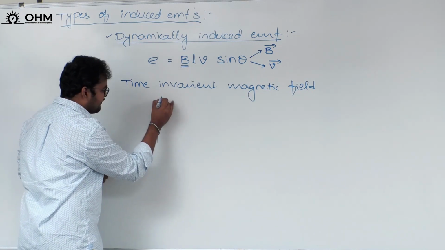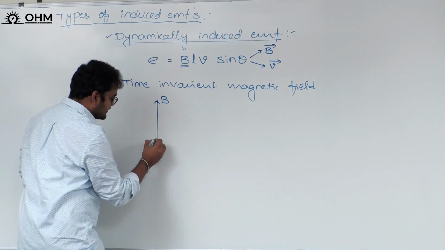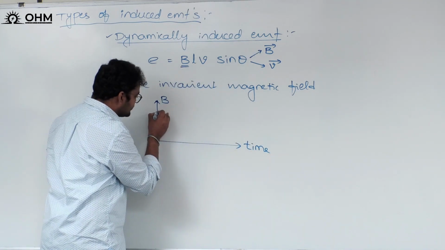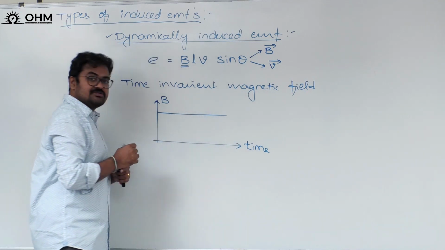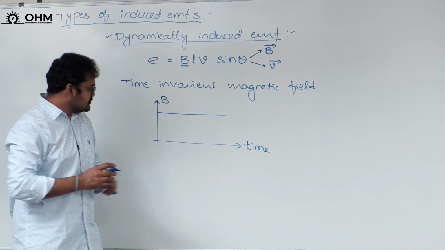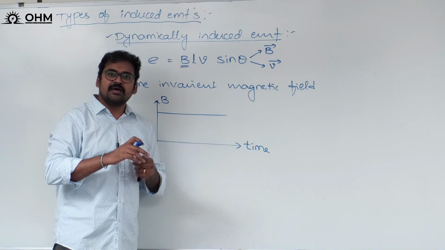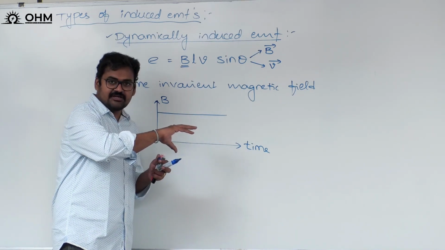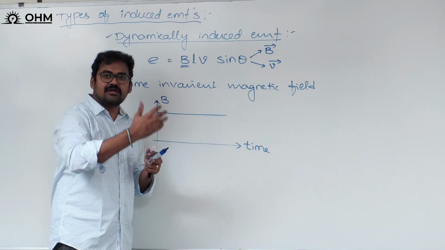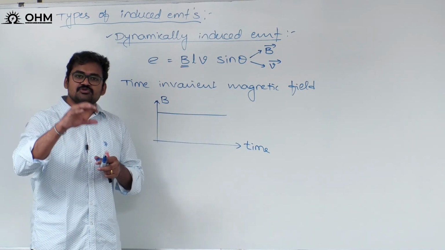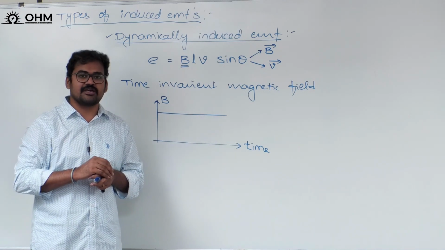So if I take flux or flux density on the y-axis and time on the x-axis, the magnitude of the flux is going to be constant with respect to time. This kind of magnetic field is called a time invariant field. In this time invariant field, if a conductor is moving, it will definitely experience changes in flux linkages so that an EMF will be induced across it.